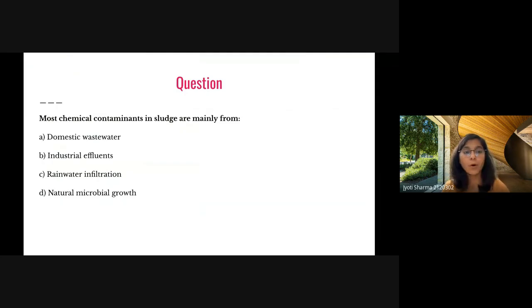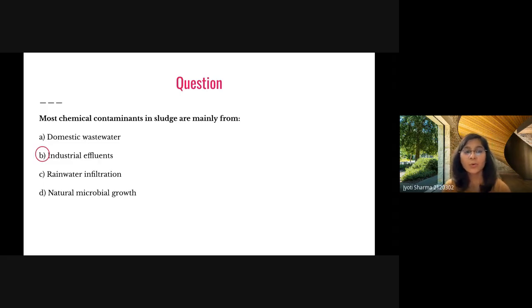Okay, so most chemical contaminants in sludge are mainly from domestic wastewater, industrial effluent, rainwater infiltration, natural microbial growth. Chemical contaminants, I think that is again a very easy question. Okay, let me see the answer that you people have given me. This is B. Okay, so everyone gave me B only.